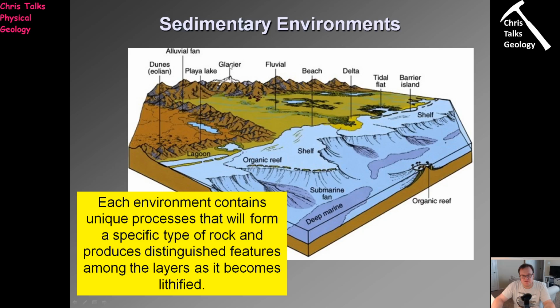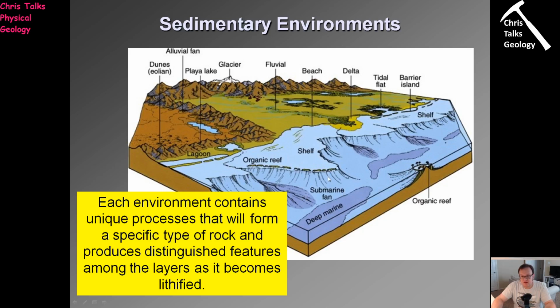We have glacial environments, fluvial or river environments, beach environments, deltas, tidal flats, barrier islands, the shelf environment. That's the relatively shallow water just off the coast here, typically between about 0 and 200 meters deep. We have organic reefs, otherwise known as coral reefs.